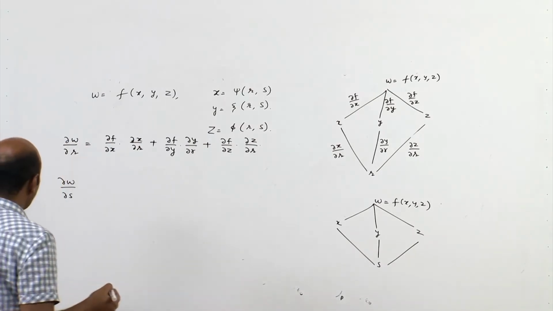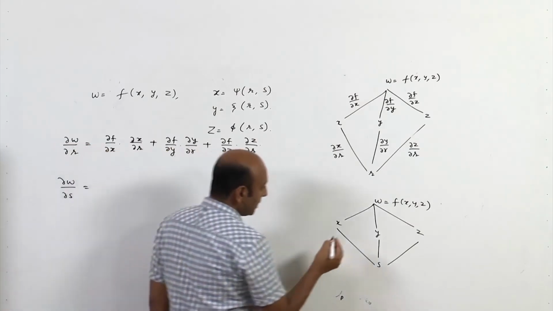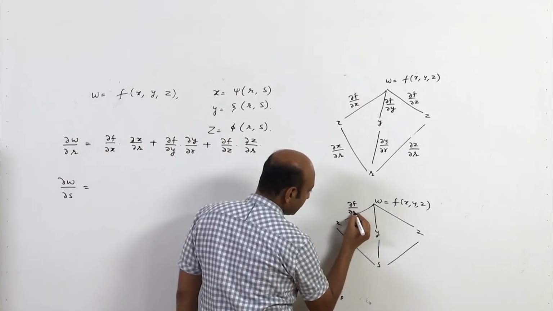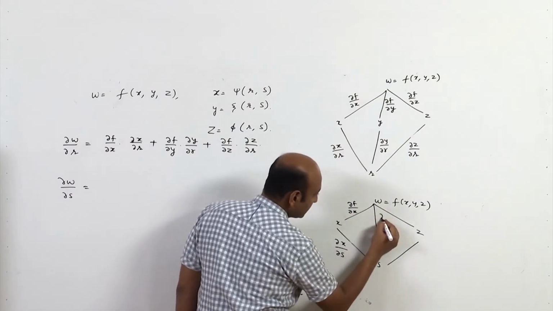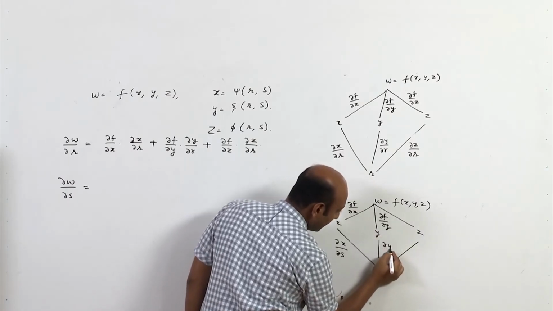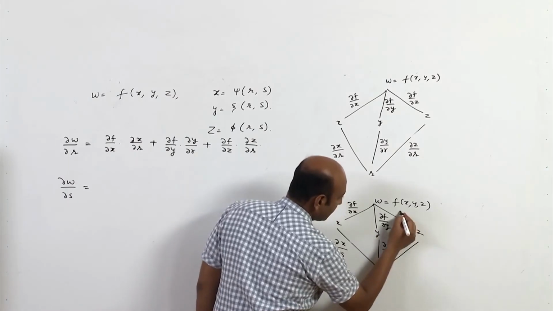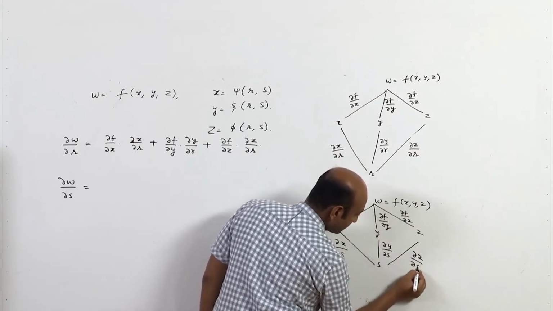Now, similarly, if you want to compute del w by del s, that will be del f by del x, del x by del s, del f by del y, del y by del s, here it is del f by del z, and it is del z by del s.